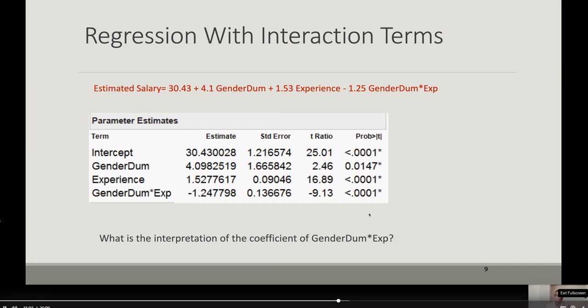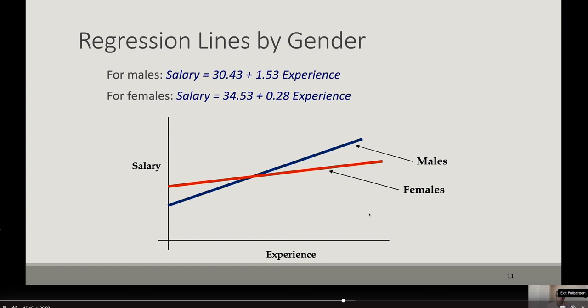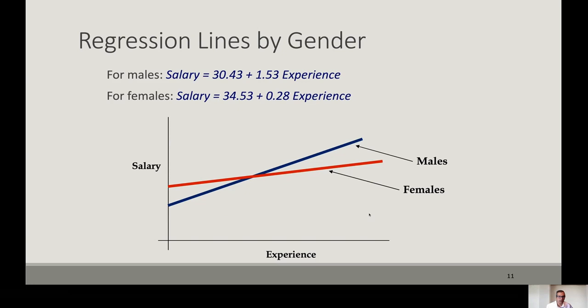So that term will become 0. And the last term, minus 1.25 times the interaction variable, will also become 0 for the males. So our estimated salary equation for males turns out to be 30.43 plus 1.53 times experience.